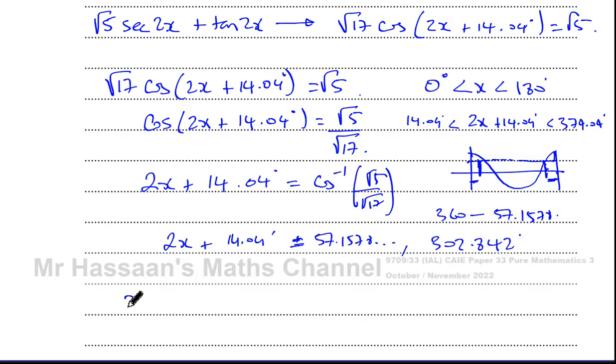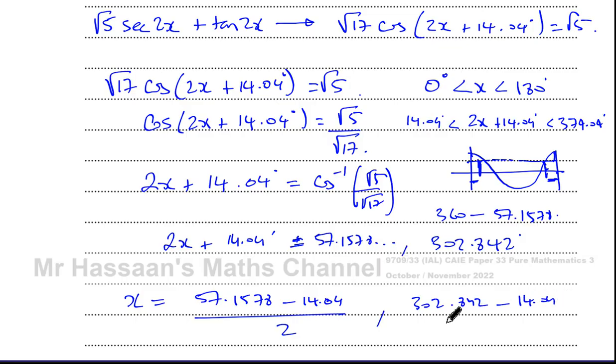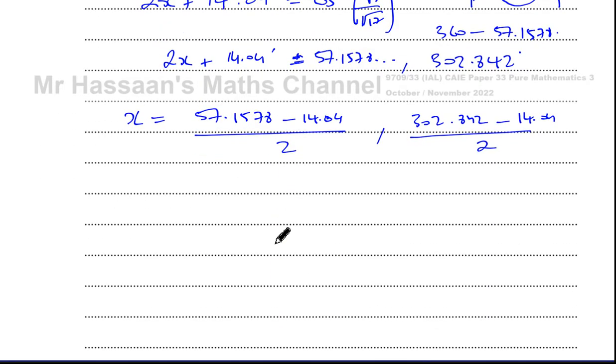Now I've got to find what x is. So I'm going to take the solutions and rearrange this equation. I'm going to have 57.1578 minus 14.04, divided by 2. And I'm going to do the same thing to this: 302.842 minus 14.04, divided by 2. And that will give me the two answers that we need.